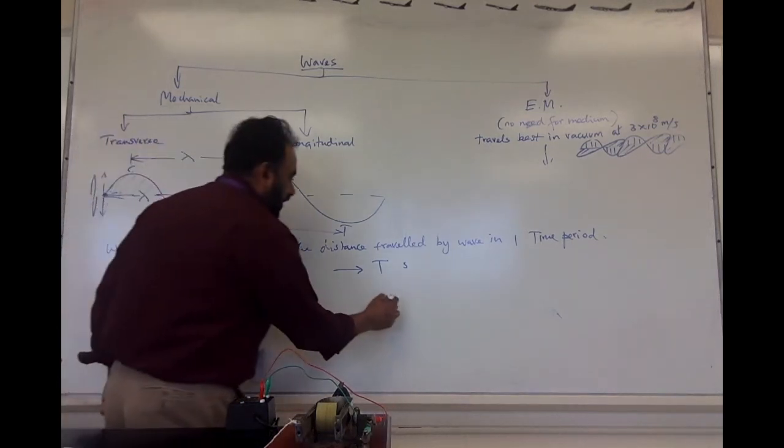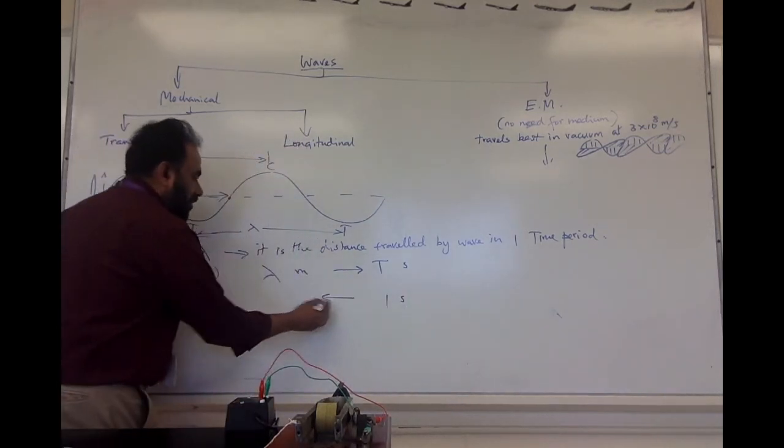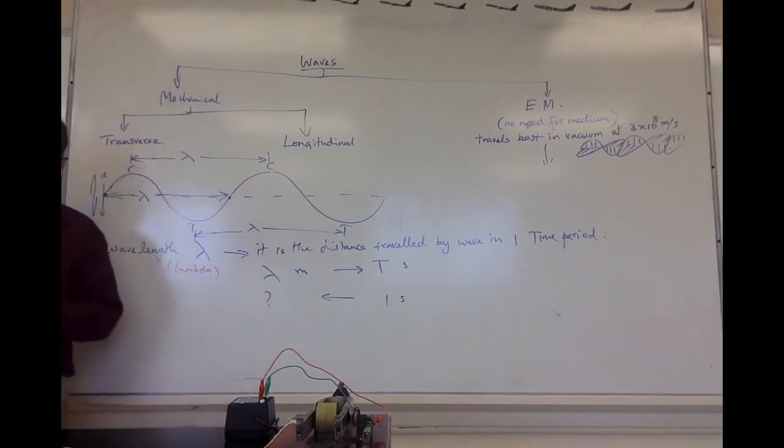Which means in 1 second, how many meters will it travel? If it can travel lambda meters in t seconds, in 1 second, how many meters can it travel? 1 times 1 meter, or t times.